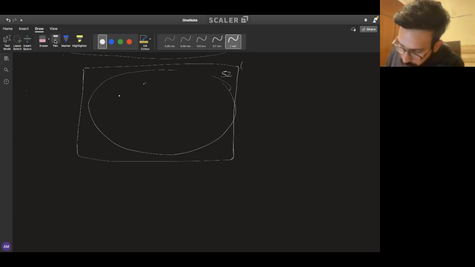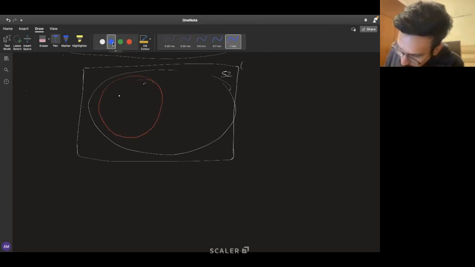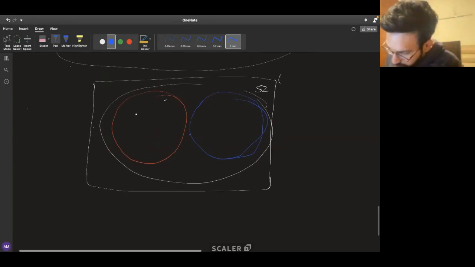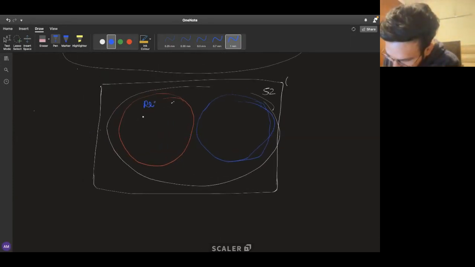Now let me draw two more points in here. Let me say this is red and this is maybe black. I don't have black here, so I'm just drawing it with blue.